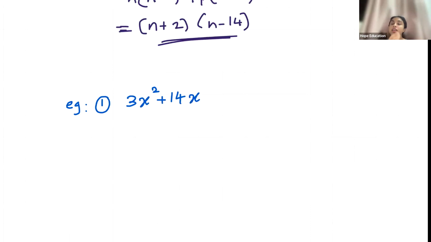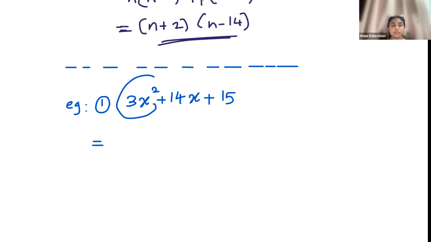Even when you're doing this, the theory that you learn doesn't change. It's the same theory, but it's slightly complicated. What do we have to do in the previous examples? What we have learned so far? I told you when you're given a question like this, you multiply the first term and the last term, right? So let's do that.